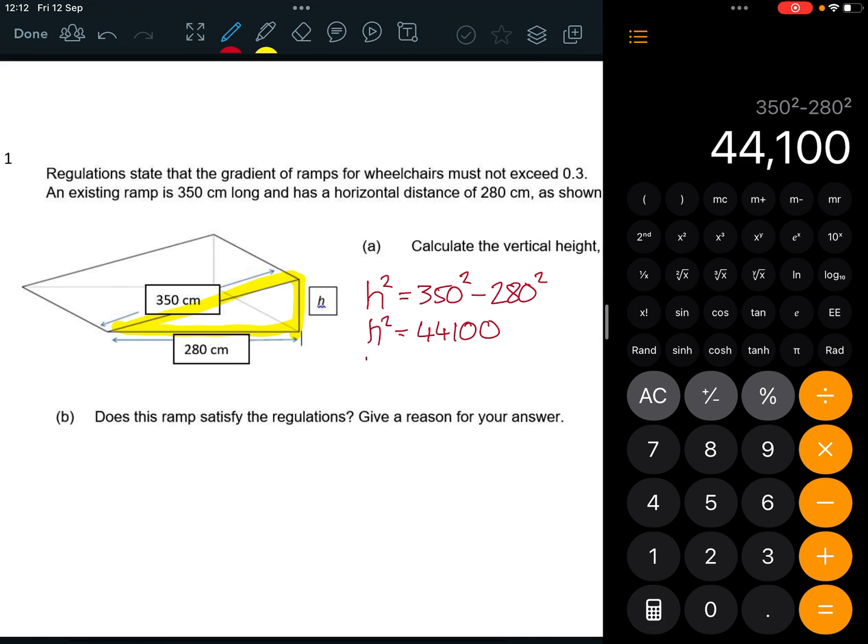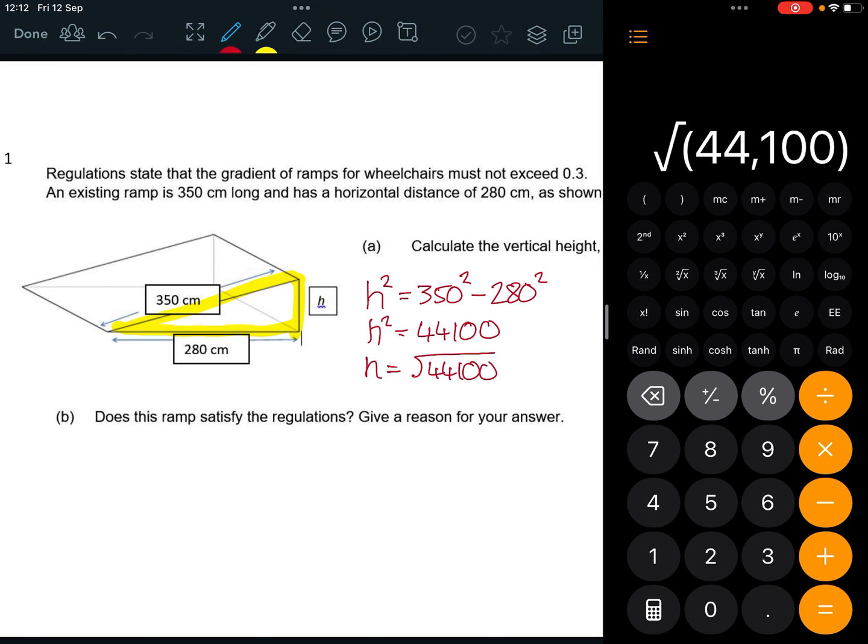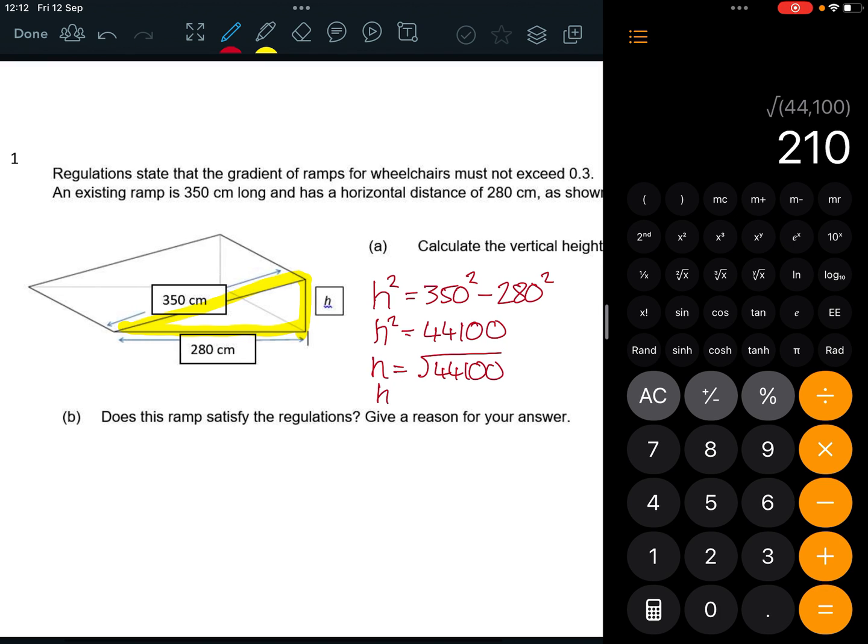So to do that, you go h, and then that's going to be the square root of 44,100. The square root is just the sign that I've written. Now we press equal, and it's going to be h is 210.